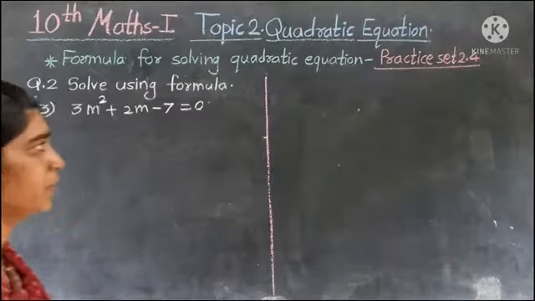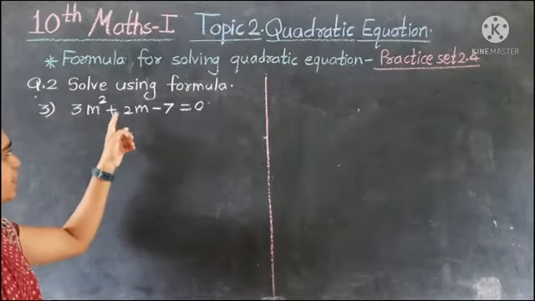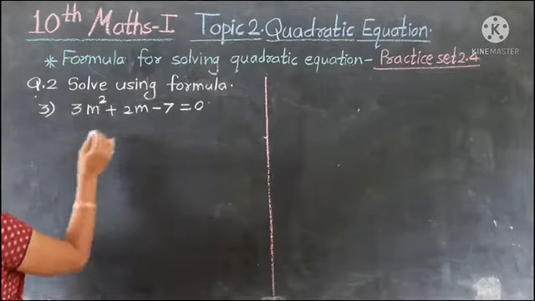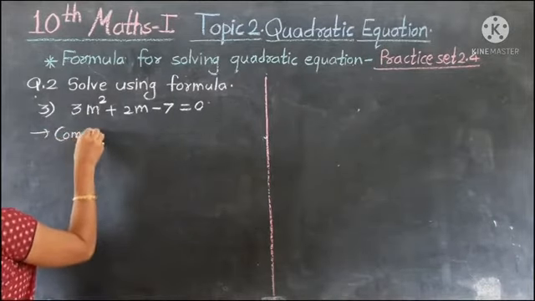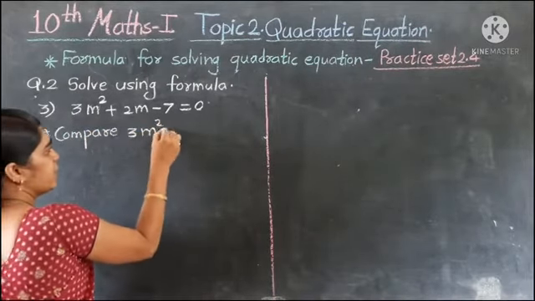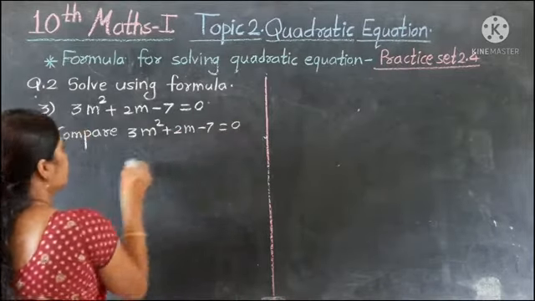Okay. See students, third example: 3m square plus 2m minus 7 is equal to 0. This is in the standard form, so you directly compare 3m square plus 2m minus 7 is equal to 0.